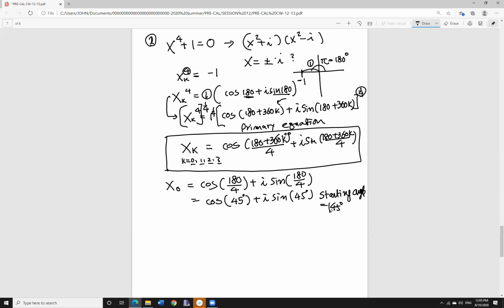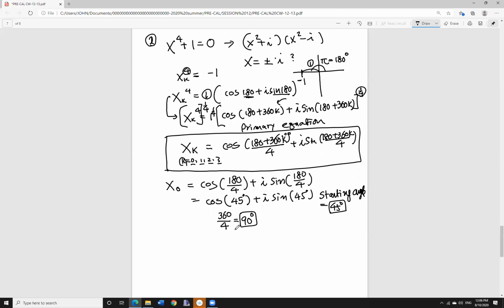We start from this angle. There are 4 roots, so 360 divided by 4 gives a 90 degree difference between the roots.